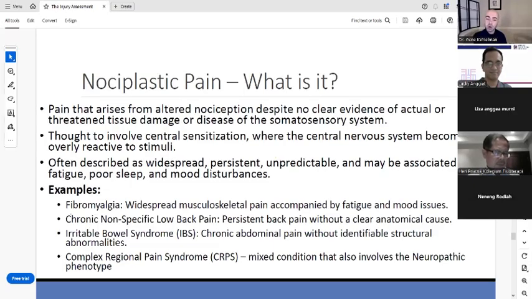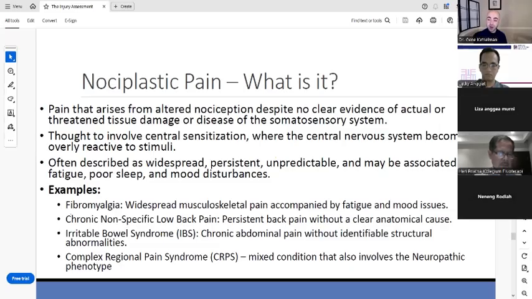Another condition that we don't necessarily treat, but just so you're aware, irritable bowel syndrome. So if you ever work with patients and in their medical history form, you see it written down, irritable bowel syndrome, that is a sign of potential nociplastic pain. So this is chronic abdominal pain without identifiable structural abnormalities. And finally, another very well-known one is complex regional pain syndrome.